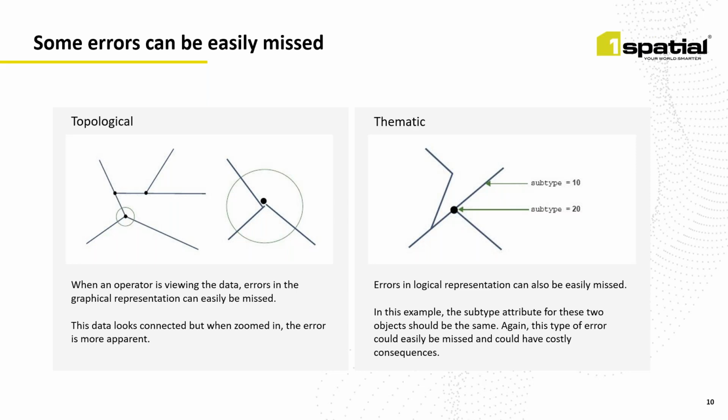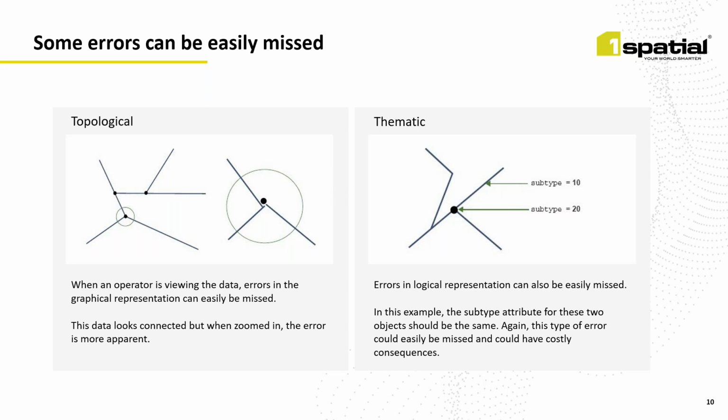This is a good example of that. If we're panning and zooming around a map and we're quite zoomed out, as the diagram on the left-hand side shows, it may appear that that network is fully connected. But if we were to zoom in on that particular junction, we can soon see that actually those 3 lines don't join up, and none of them actually connect to the junction, the connecting node in the middle.